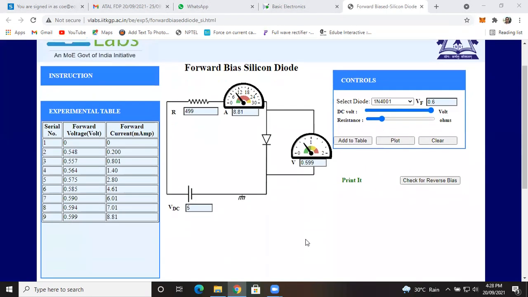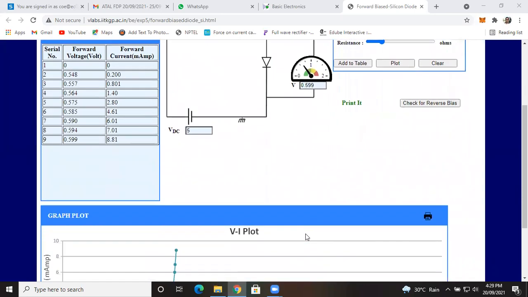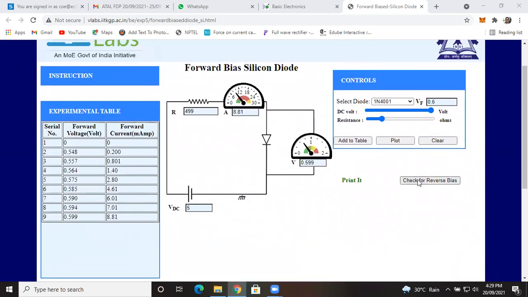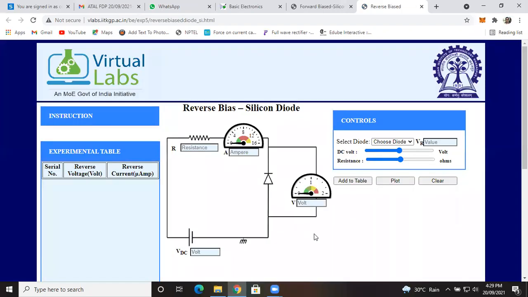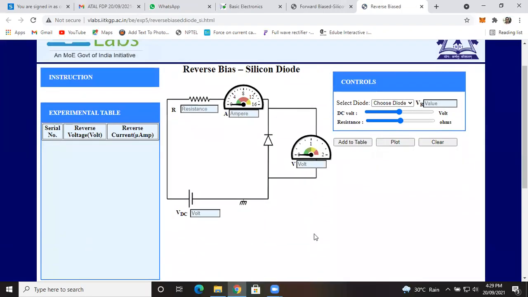Okay. And now let me try to go for the reverse bias diode. Now see that this is the circuit diagram for the reverse bias diode. Why I say reverse bias, because the positive terminal of the diode is connected to the negative terminal, and the negative terminal of the diode is connected to the positive terminal.